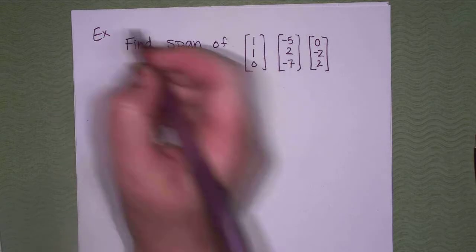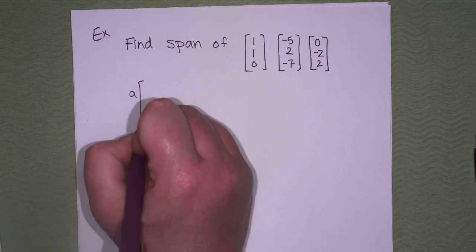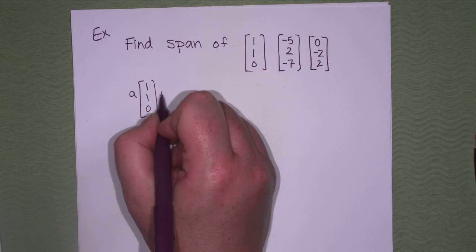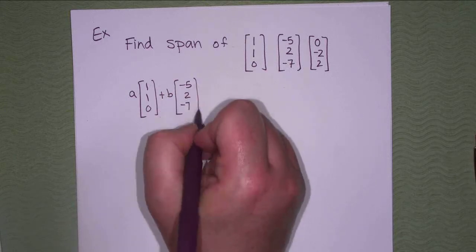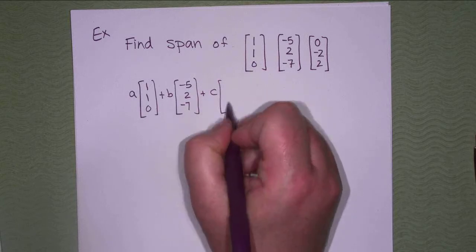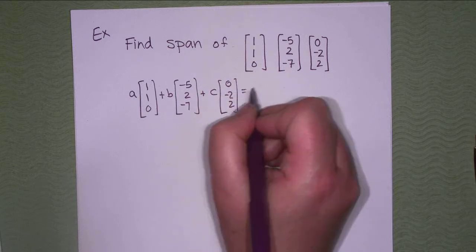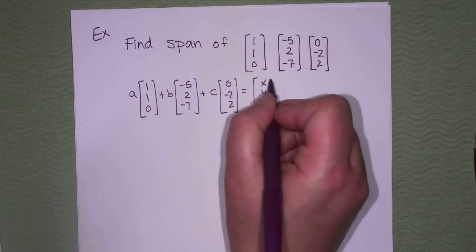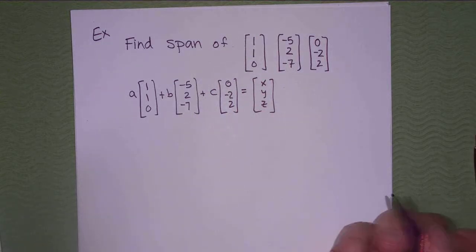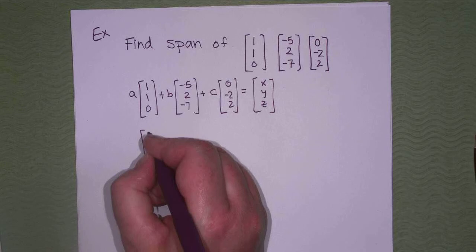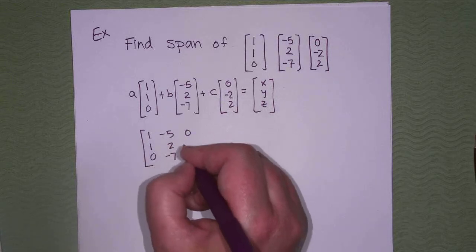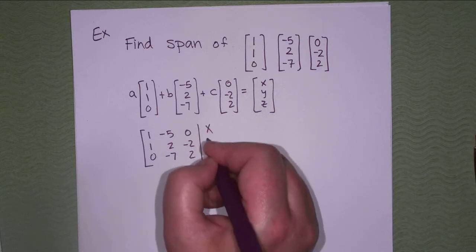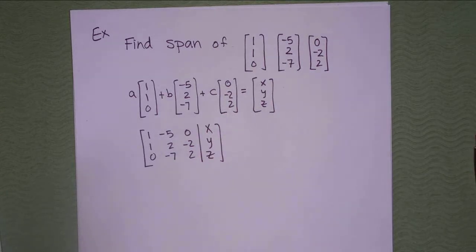So you would say this is as a linear combination. And to ask for the span is asking, if we make this combination, what kind of answers can we get? Set it up with x, y, z, and then you row reduce. Now I put some ones and zeros in here, so hopefully it will be easy.